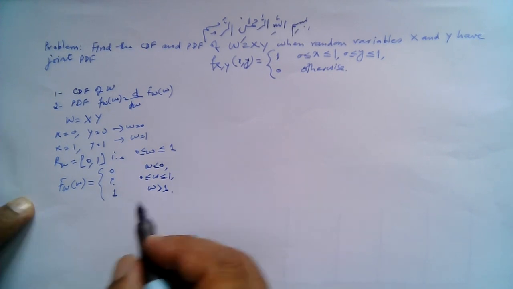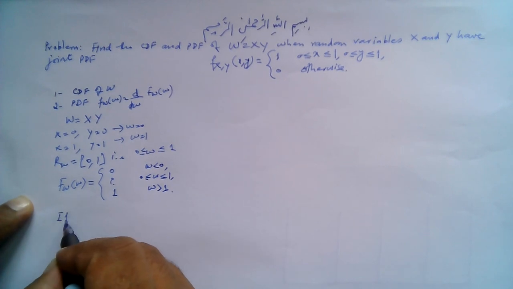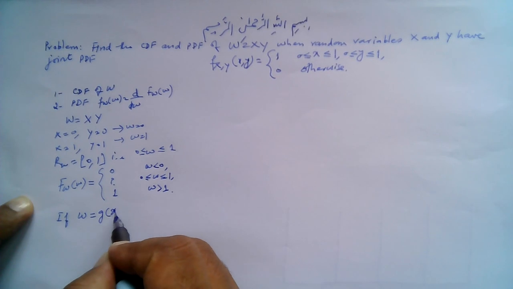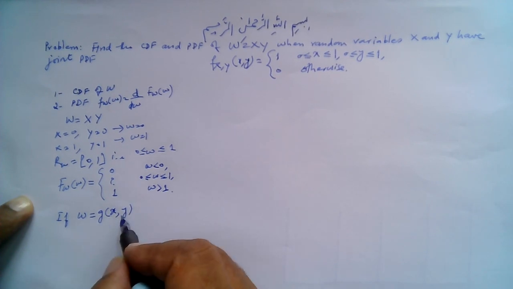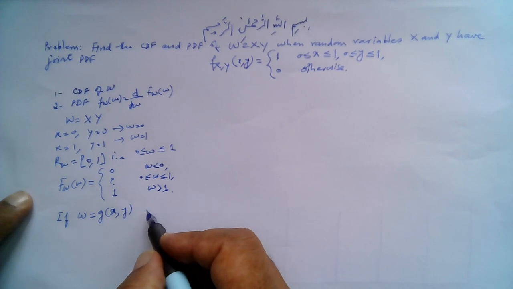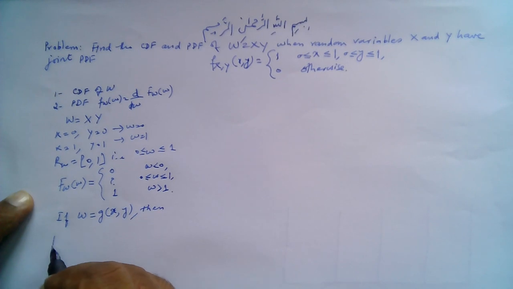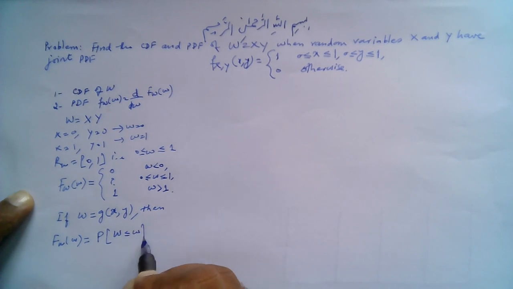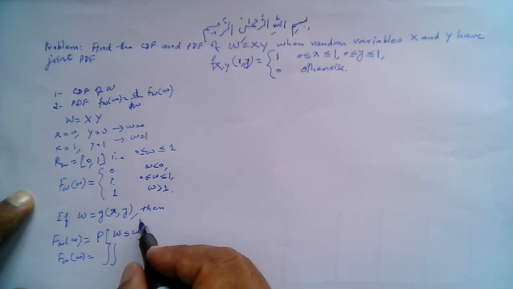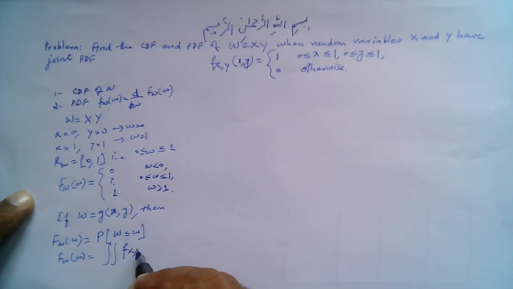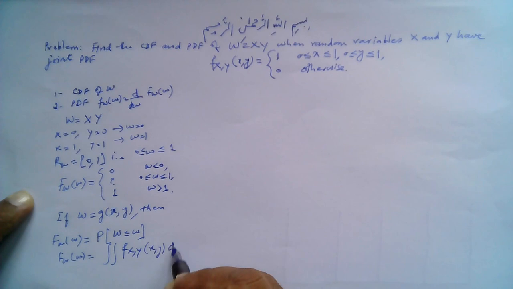So if we are given a derived function, for example, W is equal to g(x, y), a general function of x and y, then the CDF of W is given by, this is by the definition of the CDF, and we know that for two random variables we have to integrate the joint PDF over the area given by g(x, y) less than or equal to w.